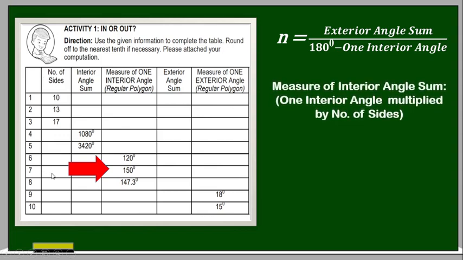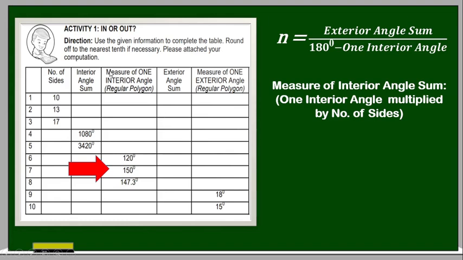Next, to compute the interior angle sum, it should be one interior angle, 120, multiplied by the number of sides.